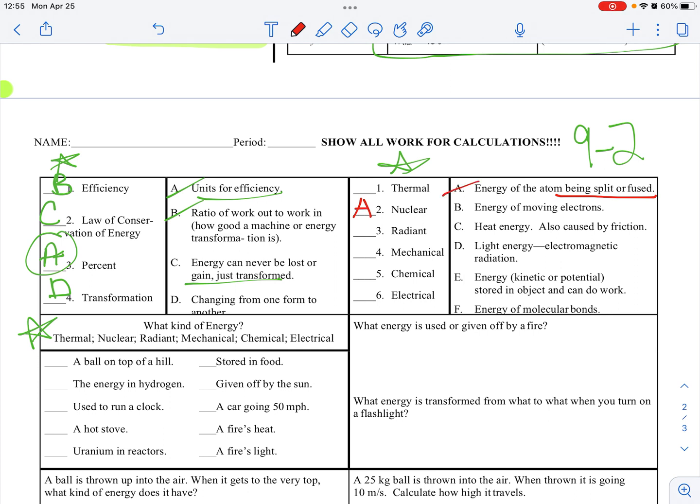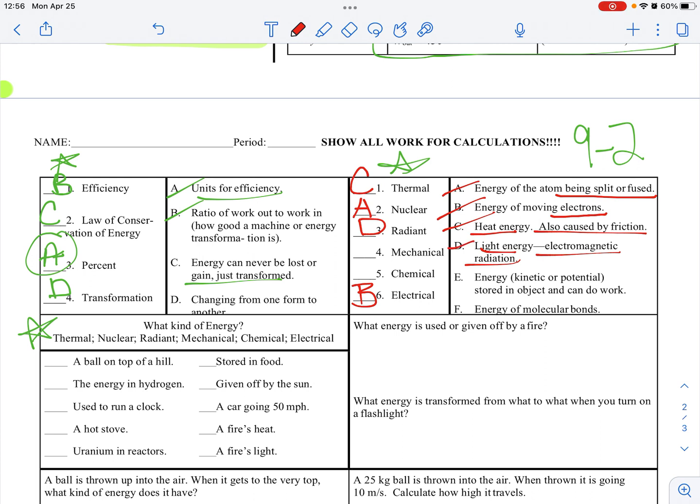B, the energy of moving electrons. That will, of course, be electrical energy. Heat energy, also caused by friction, and feel free to go look this up, is C, thermal energy. Light energy, which is comprised of the electromagnetic radiation, is radiant energy.